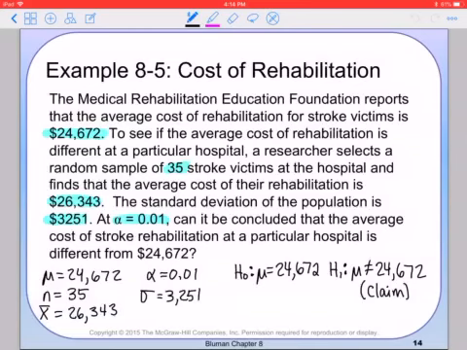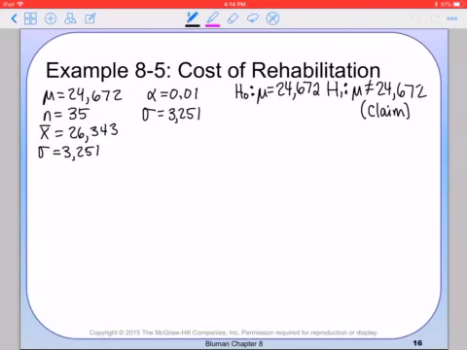So all I did was copy and paste on this next slide, and now we're ready to figure out what the z-score is. So remember, we're talking about some normal curves. Our alpha here, since it's a two-tailed test, we have two tails here. Let me highlight the two areas. And we know what the area is in total. It's 0.01.